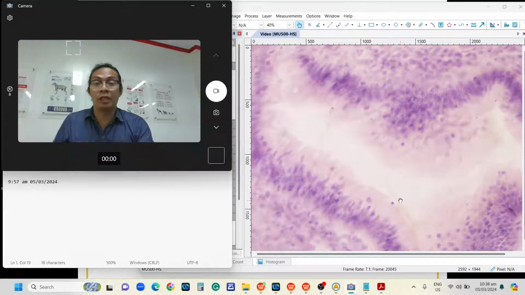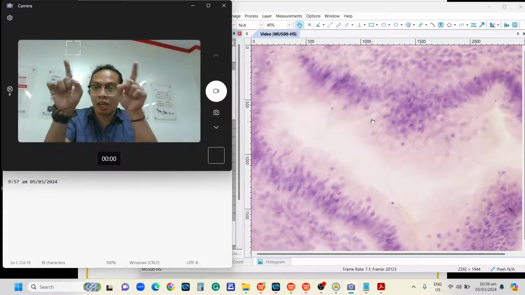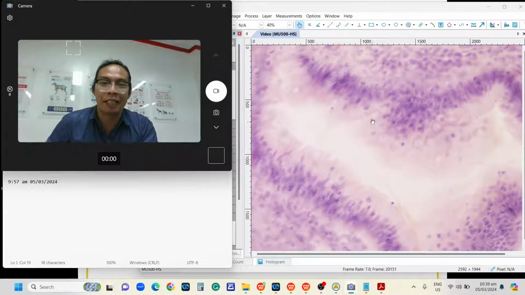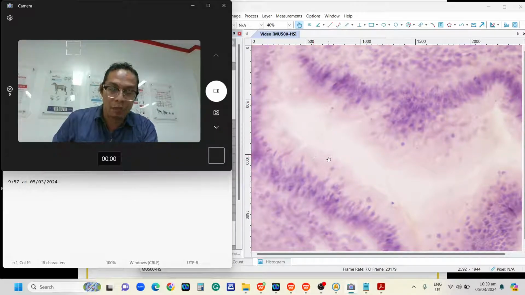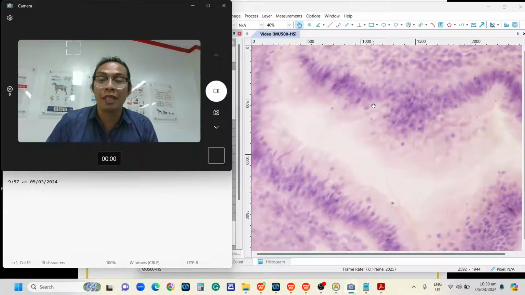So we can actually see goblet cells as faint spaces in the epithelia. Okay? That is why it looks like a goblet. It is a space. We can only see it as white in the lining epithelium. If there is a space in the lining epithelia, that is a goblet cell, as it does not take up stain. Okay, that is a unicellular gland.